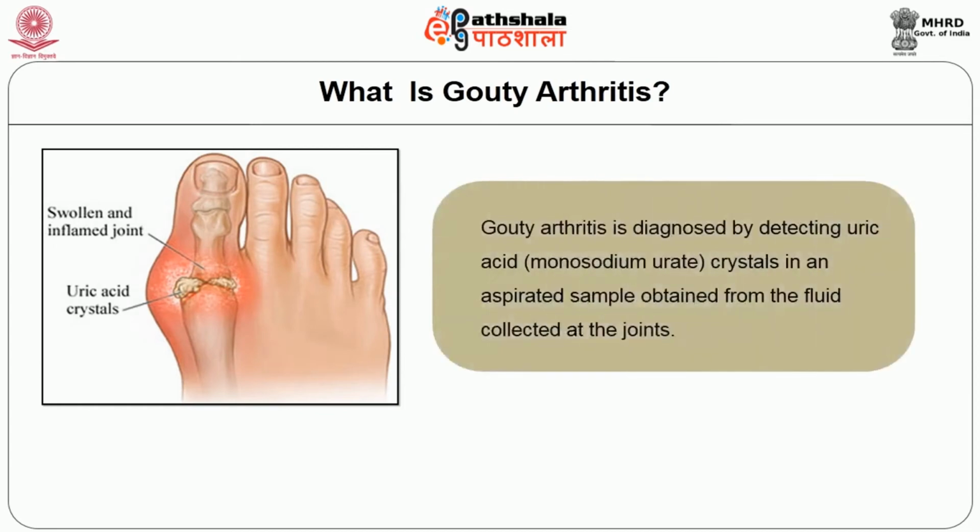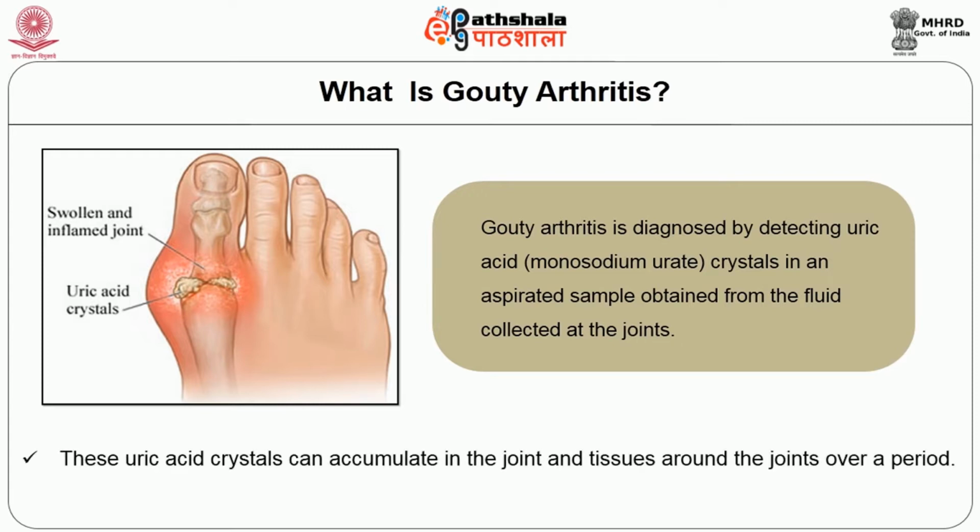Gouty arthritis is diagnosed by detecting uric acid, that is monosodium urate crystals, in an aspirated sample obtained from the fluid collected at the joints. These uric acid crystals can accumulate in the joint and tissue around the joints over a period.